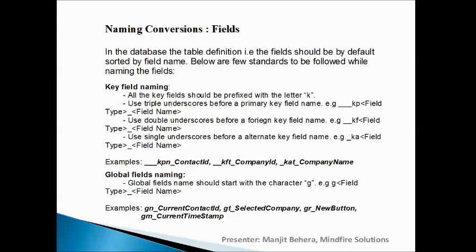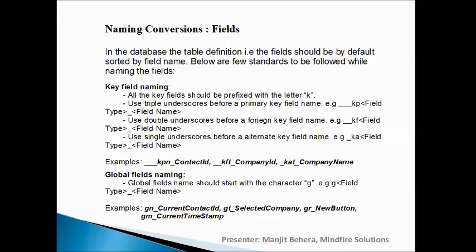For the primary key, we usually have three underscores, then k stands for key, p stands for primary key. Then for the foreign key, we usually use two underscores first, then k, f, then the field type, then the field name.